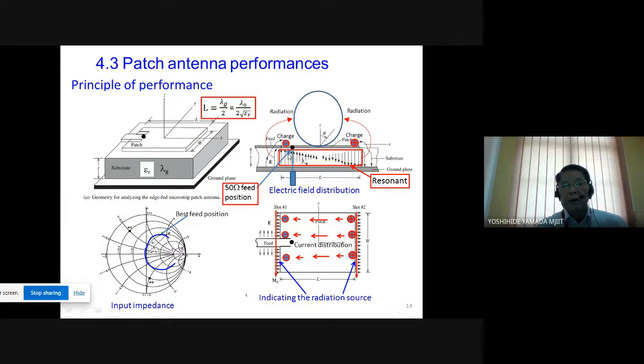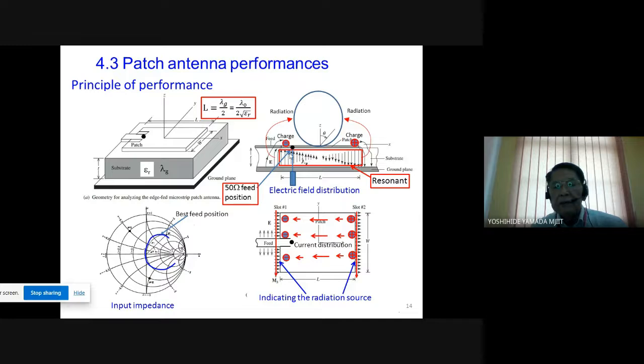In the substrate, a resonant electric field is produced. The feature of this electric field distribution: on the left side the electric field goes up, and at the center, the electric field becomes zero.